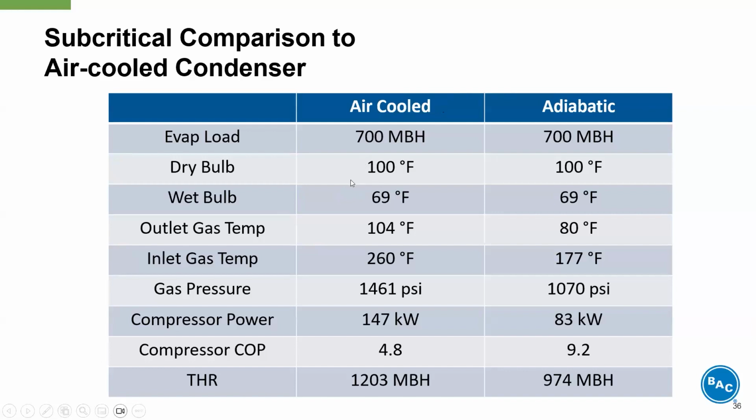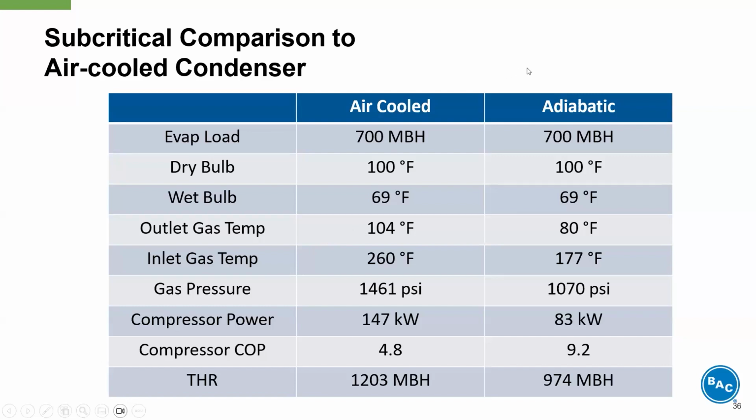If using an air-cooled condenser or gas cooler, we're going to be limited by the ambient dry bulb temperature. So our design has to consider what the ambient temperature allows us. So in this case, we're going to use a 4-degree approach, which means that our design outlet gas temperature on a design day is going to be 104 degrees.